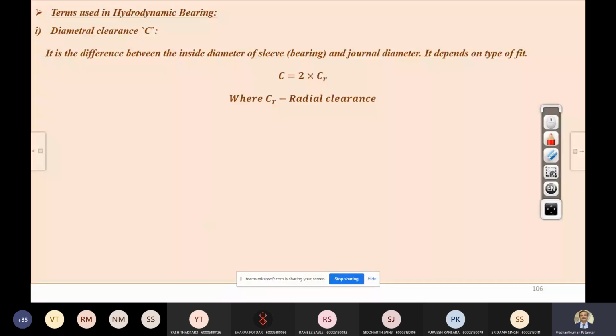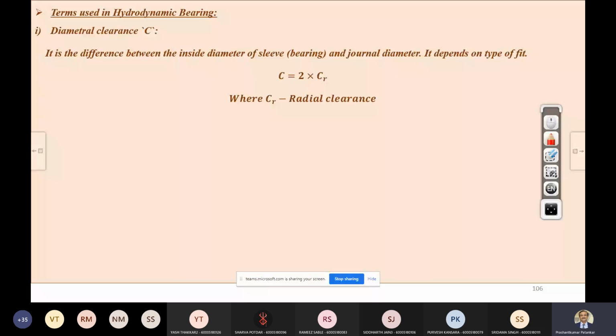If capital C is the notation we use for the diametral clearance, and C with suffix R is the notation for the radial clearance, then it is clear that diametral clearance is equal to two times the radial clearance.